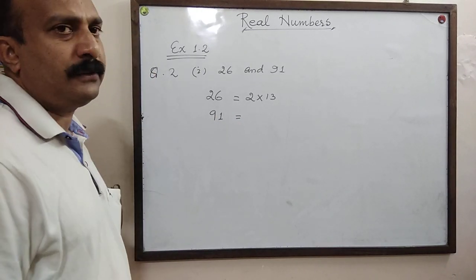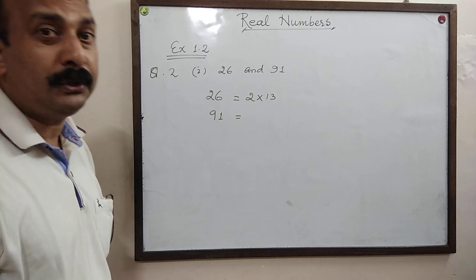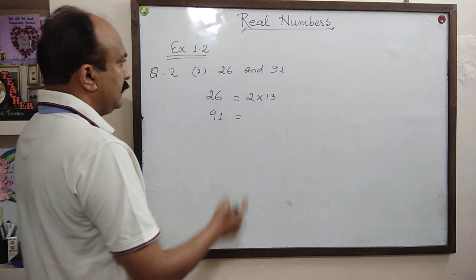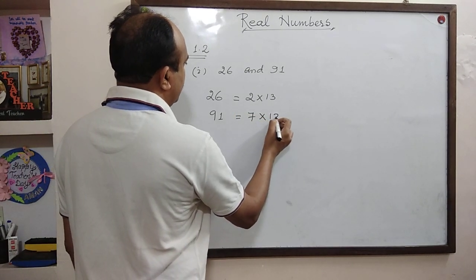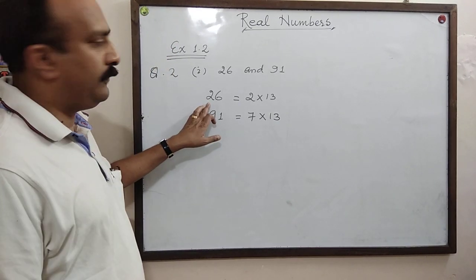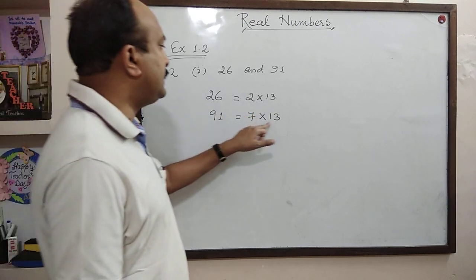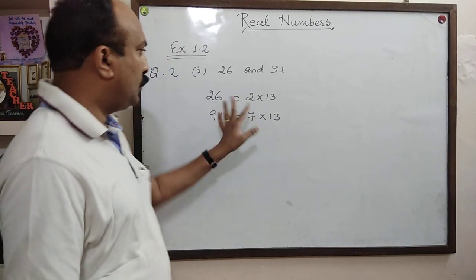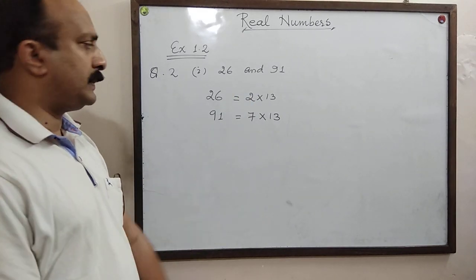Do you know the factors of 91? 13 into 7. 91 is divisible by 7 and the answer is 13. So we got the prime factors. 26 is 2 into 13. 91 is 7 into 13. No more powers, so this is the final expression.